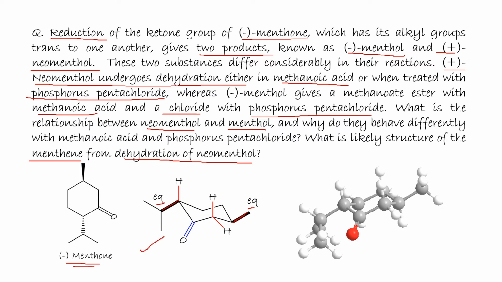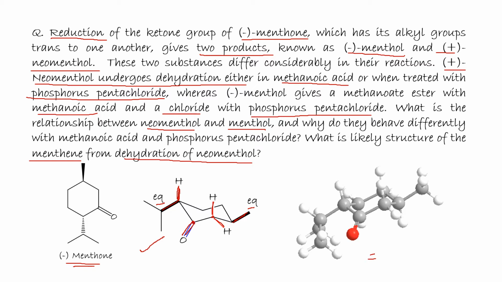Now notice that here is the carbonyl. Alpha to this carbon, we have two hydrogens in here, axial and equatorial, and we have here this hydrogen axial. This is the model.